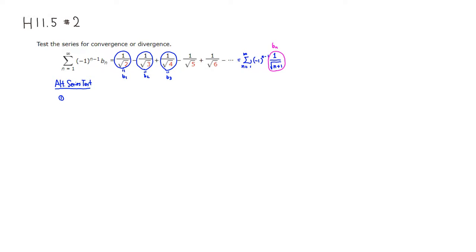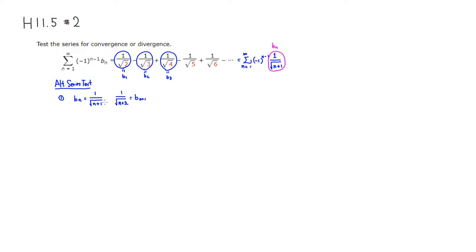It is easy to show that this is a decreasing sequence. So you have Bn is 1 over square root of n plus 1. If you want to find Bn plus 1, then it would be 1 over square root of n plus 1 plus 1, so it's n plus 2.